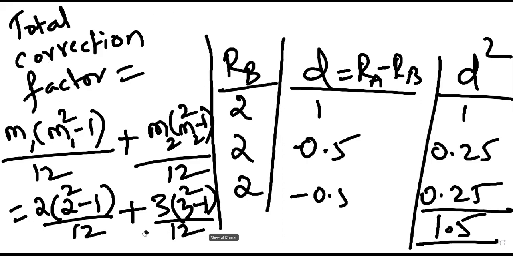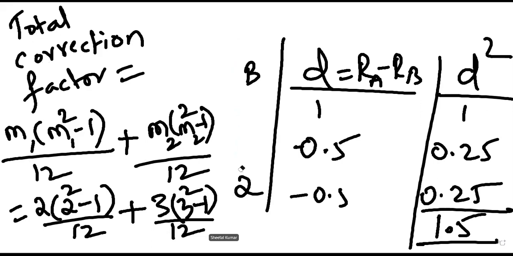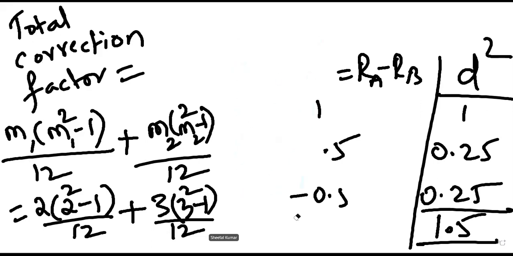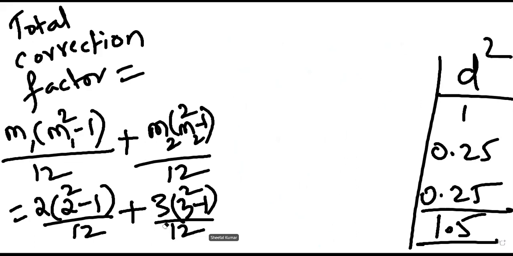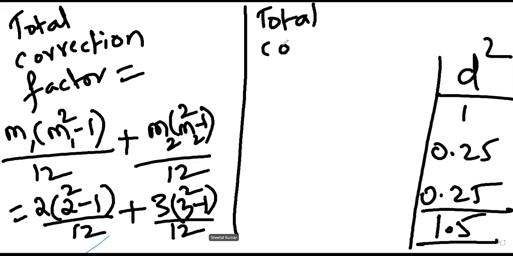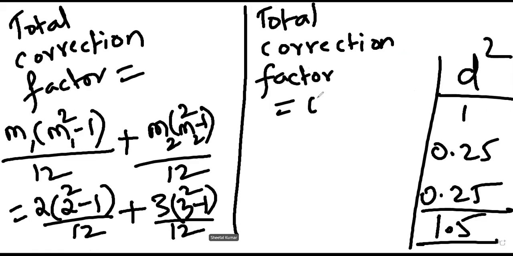Okay. Can anyone tell me the total correction factor, value for the total correction factor? Just make note of what I am writing here. So when m1 is equal to 2, we'll get 0.5.